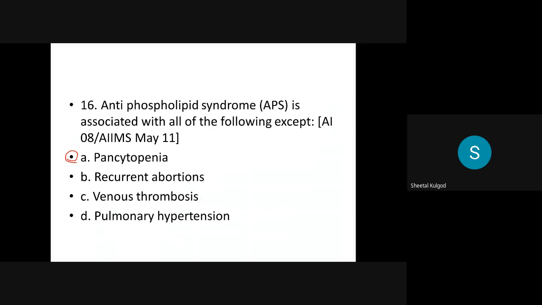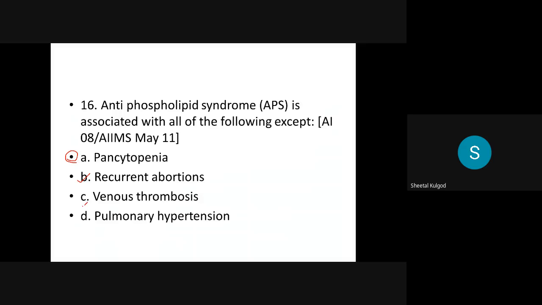All blood cells. So, is there pancytopenia in antiphospholipid syndrome? The patients are healthy, actually. It is very difficult to diagnose just on the hemogram, which is normal in most of the patients. So pancytopenia is not a feature of antiphospholipid antibody syndrome. Whereas recurrent abortions is there, of course.